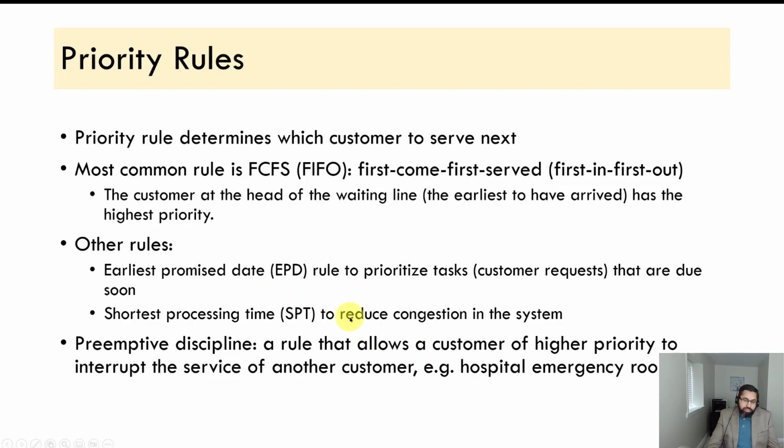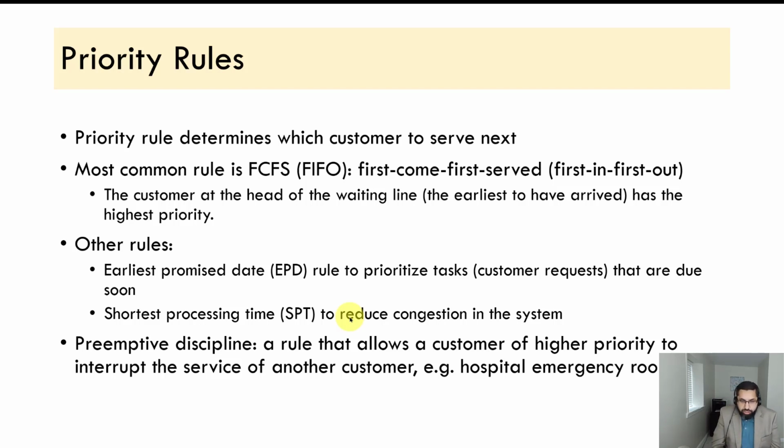And then shortest processing time, SPT, is sometimes used to reduce congestion. Say we have a huge congestion in our factory or facility, so we just want to get some customers or some product out of the facility. The best way to reduce congestion is to quickly process those items or customers which need very little processing, and get them out of here.